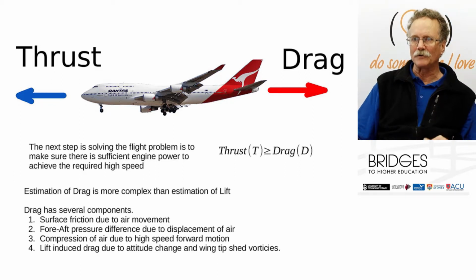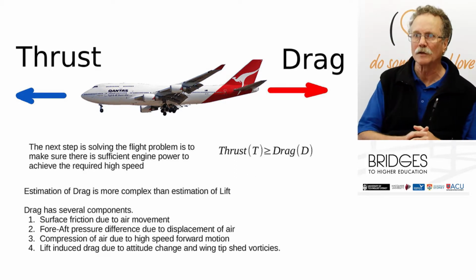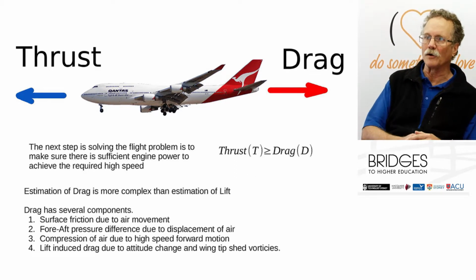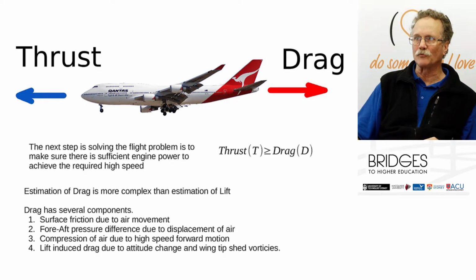If we go fast enough, we start to compress the air due to our forward motion. These are separate drag components. And then there's a fourth one. Now this one is where the complexity starts. Generating lift generates drag. So there's an extra component, an extra penalty in producing lift which will add to our drag.